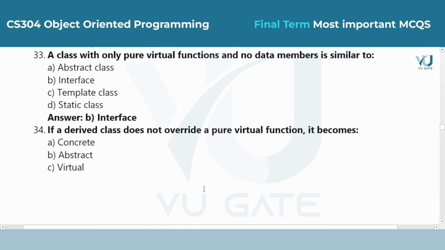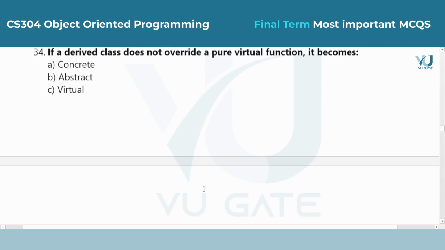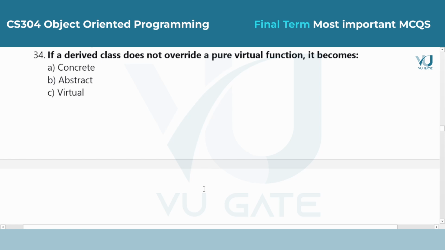Q33. A class with only pure virtual functions and no data members is similar to. Answer: B. Interface. Explanation: An interface acts as a contract or a blueprint. It tells you what the class must do without providing the logic for how to do it. Q34. If a derived class does not override a pure virtual function, it becomes. Answer: B. Abstract.